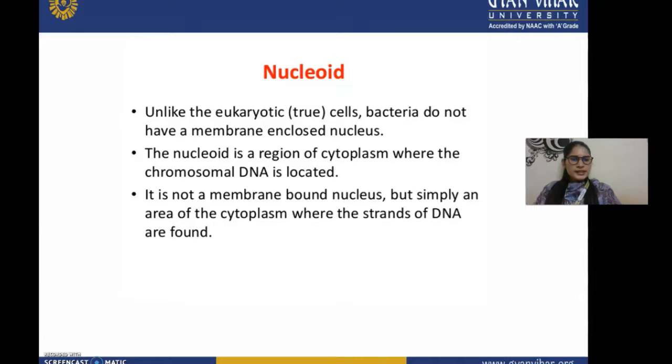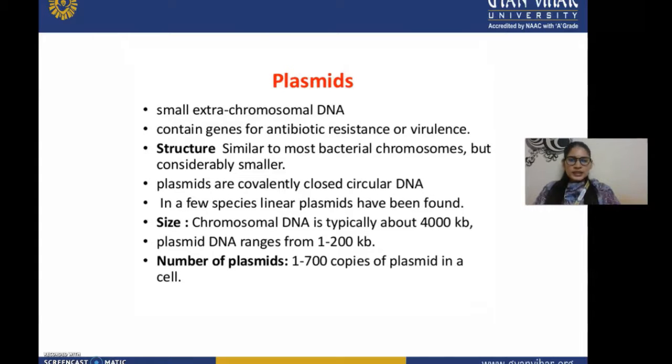The nucleoid is a region of the cytoplasm where the chromosomal DNA is located. It is not a membrane-bound nucleus but simply an area of the cytoplasm where the strands of DNA are found.